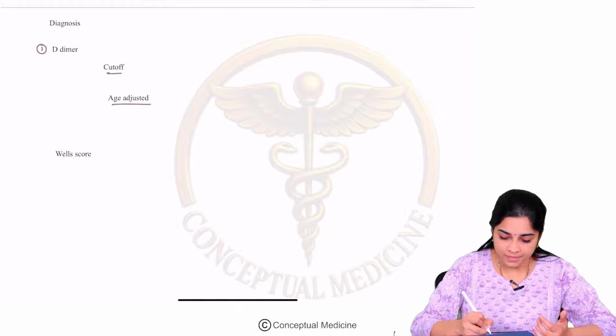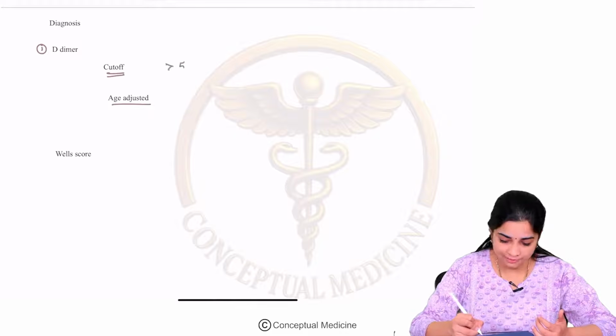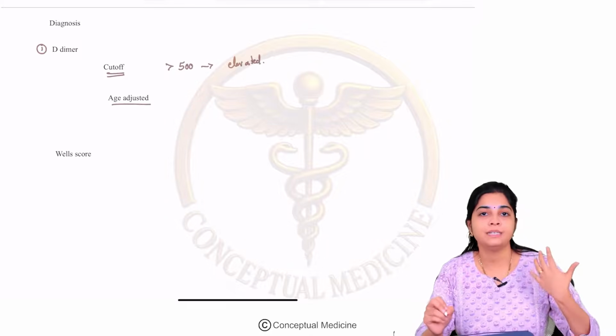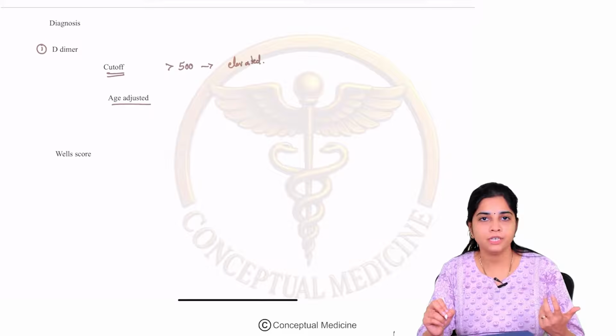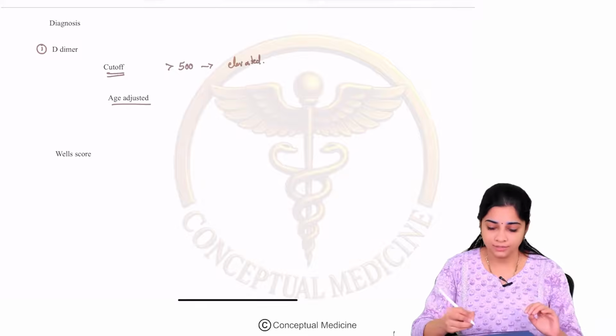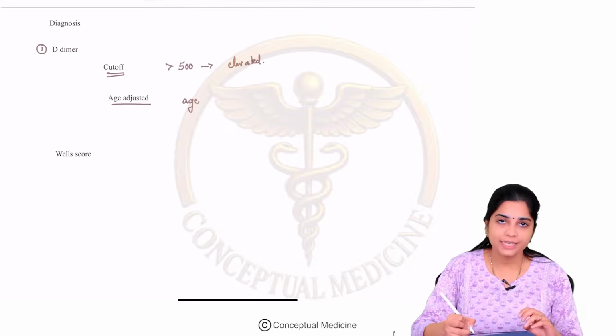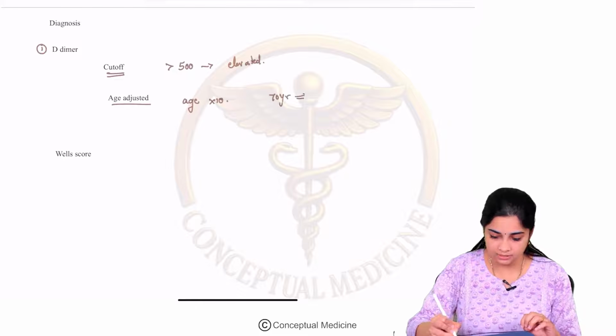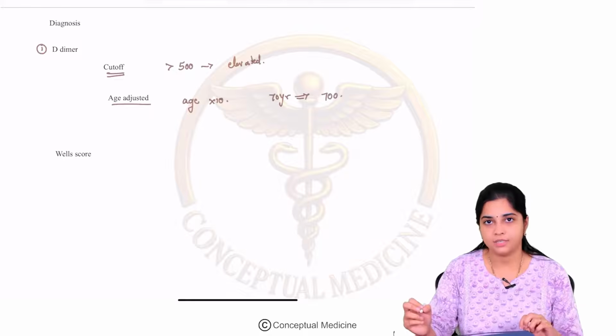Normally we take values more than 500 as elevated D-dimers. But if you look at elderly individuals, maybe of 70 to 80 years of age, their normal values itself have a higher cutoff. So for the age adjusted D-dimer, we take age times 10 as the cutoff. So for a 70-year-old man, the cutoff will be around 700.